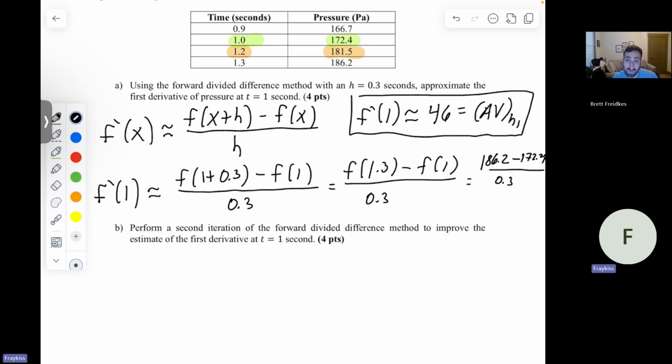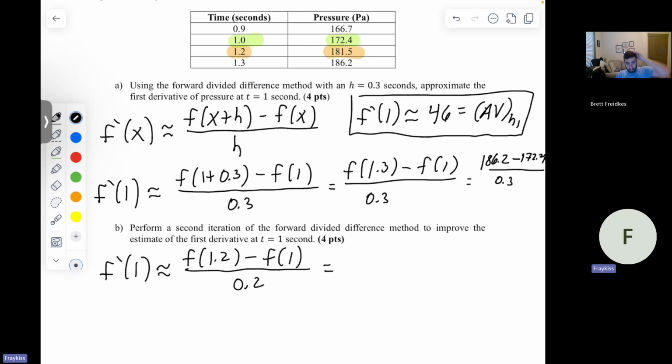That's how I would improve the estimate. So f prime of 1 for this new h is going to be f of 1.2 minus f of 1 divided by the h value of 0.2. F of 1.2 is 181.5 minus f of 1, which is 172.4, divided by 0.2.